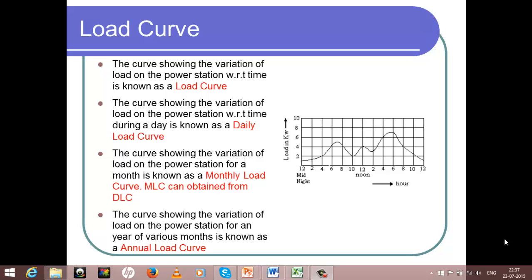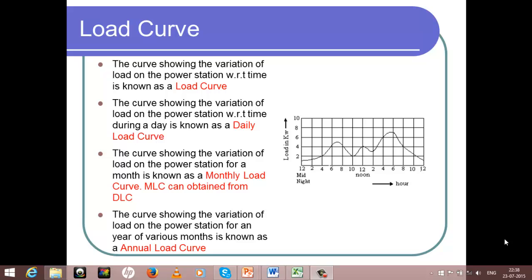From this load curve, we can easily point out the variation of power consumed by that particular area, or how much power a particular generator generates to satisfy the load demand.